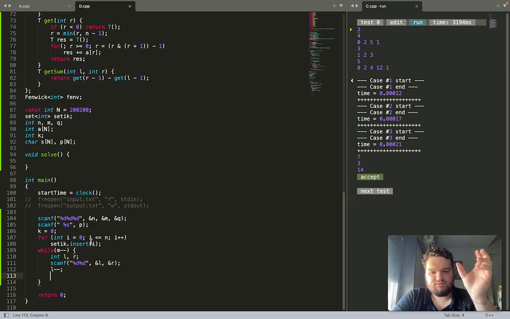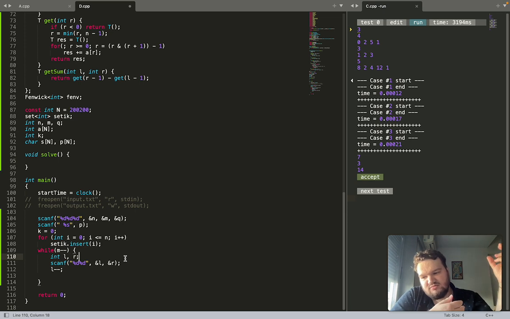So on the segment, I want to take the first unused element that is after L, and if it is before R, then it is on our segment and we should assign the next position to it and remove it from the set. If it is after R, then we just stop.